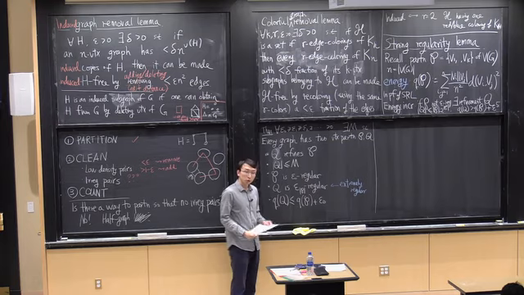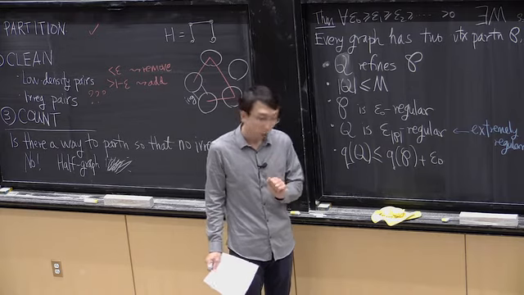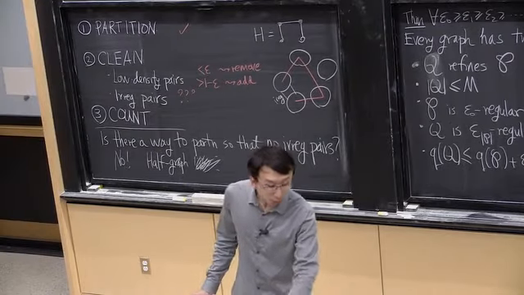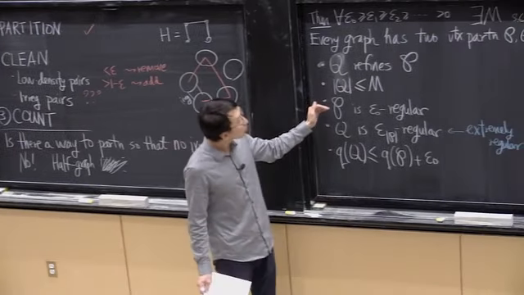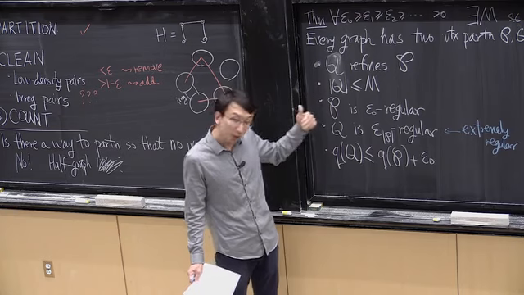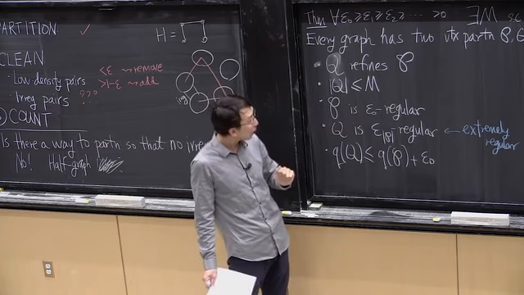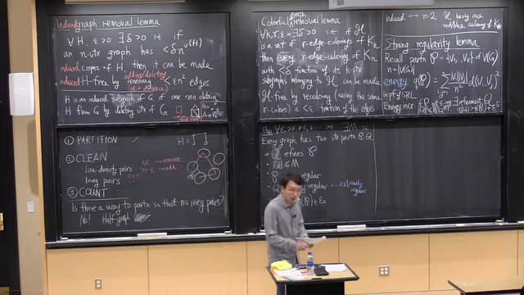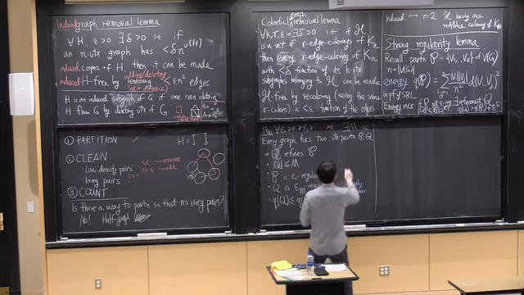It produces for you not just one partition, but a pair of partitions. And in this pair of partitions, you have one partition P, which is similar to the one that we obtained from Szemerédi's regularity lemma, is some epsilon naught regular, but we also get a refinement Q. And this Q is extremely regular.